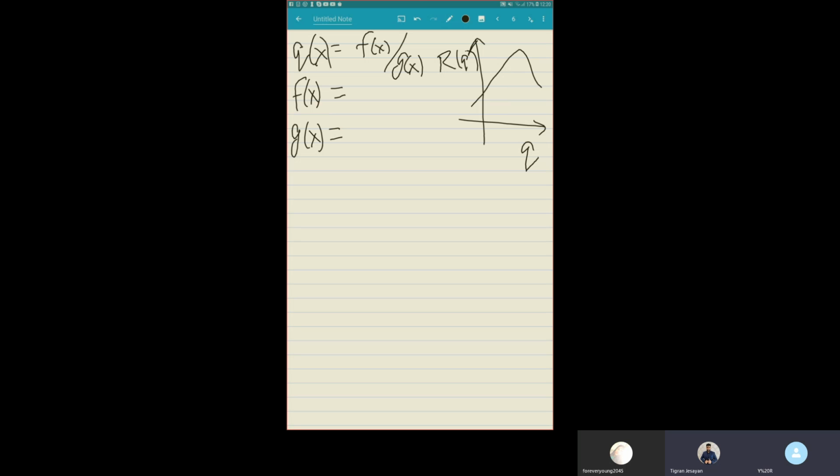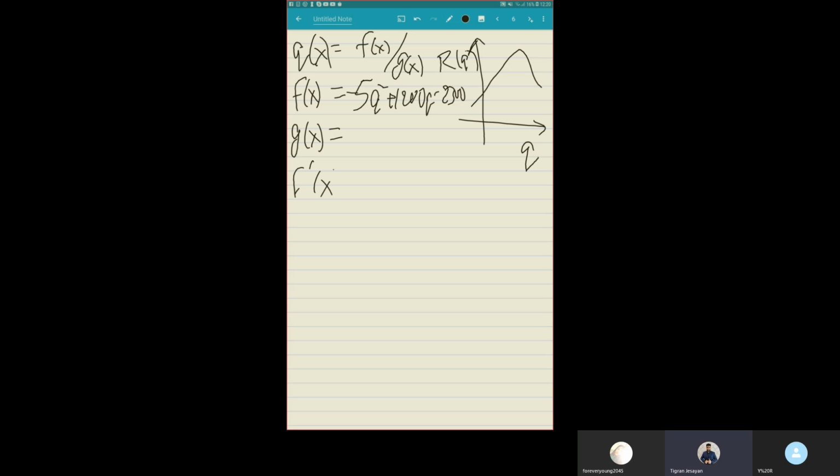Okay. R bar q is equal to... Let's first individually write F(x) and G(x). F bar x is minus 10x plus 12,000, and that's it.